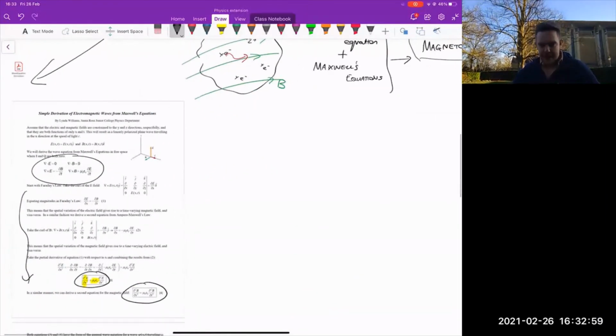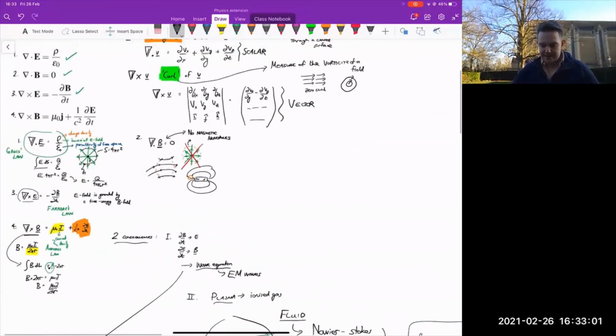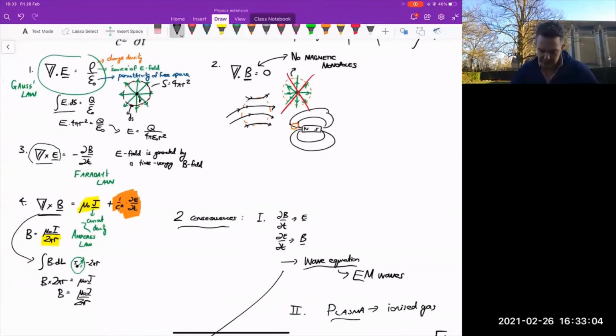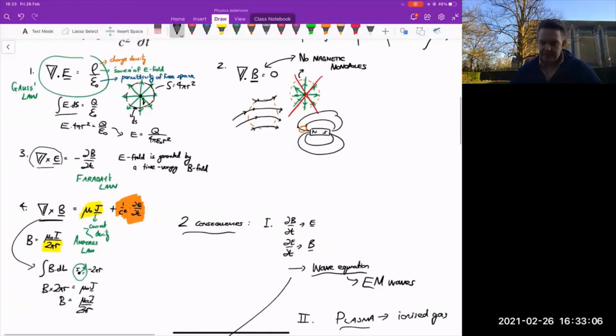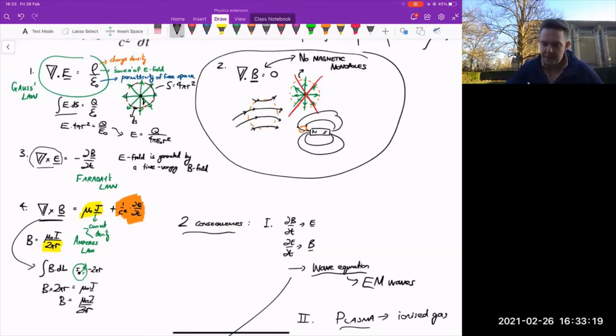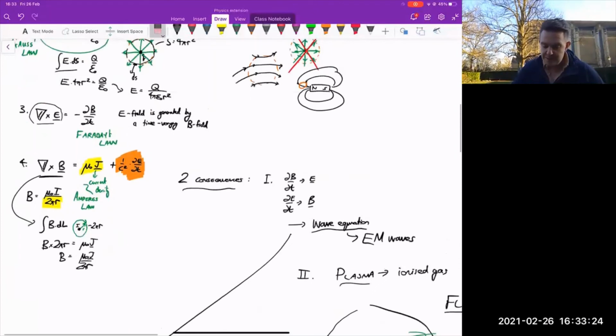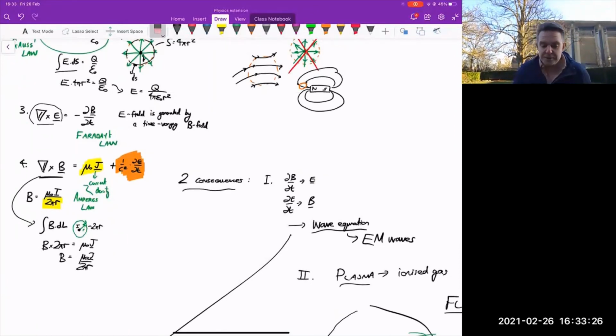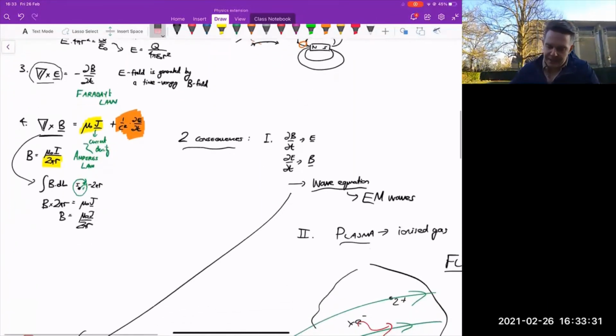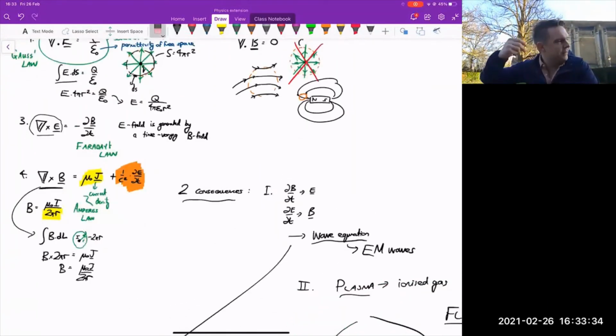So that was more or less, I hope that you got something out of that. That was me trying to pick apart Maxwell's equations and show you that there's something in there that you already know, namely Gauss's law and Coulomb's law, the fact that you can't have magnetic monopoles, the fact that you can induce voltages and hence currents with a changing magnetic field, induction, which is the basis of transformers and generation of electricity.